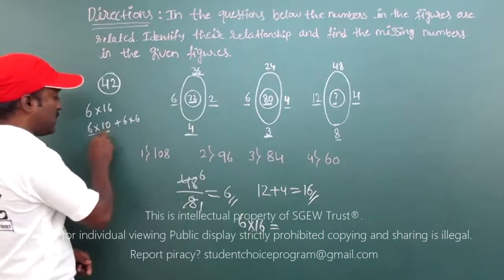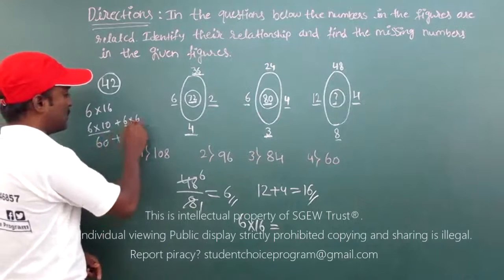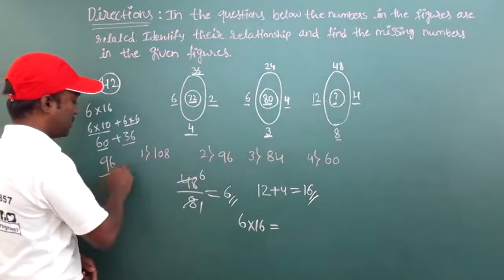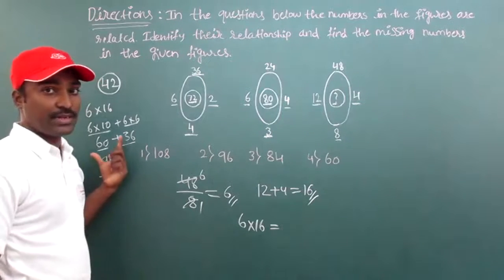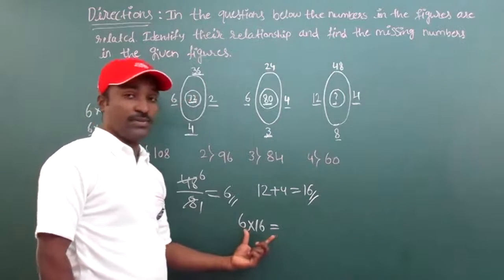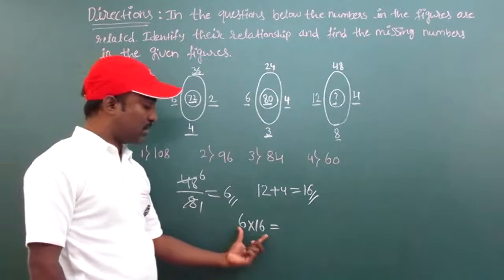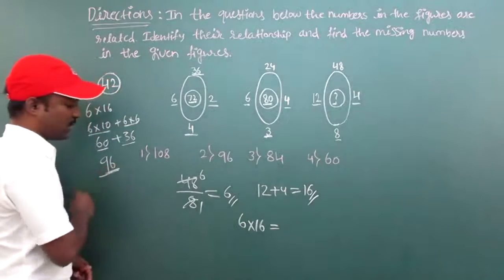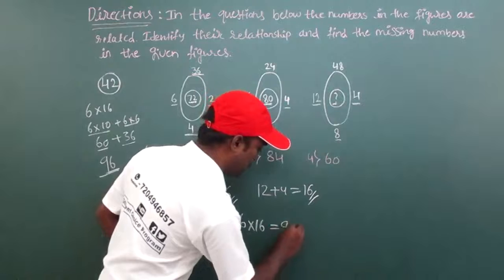Now what is 6 into 10? It is 60. What is 6 into 6? It is 36. 60 plus 36 will give you 96. If you have memorized the 16 table, you can directly answer that 6 into 16 is 96. So I will get 96.